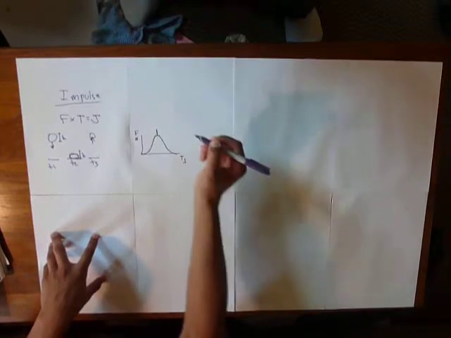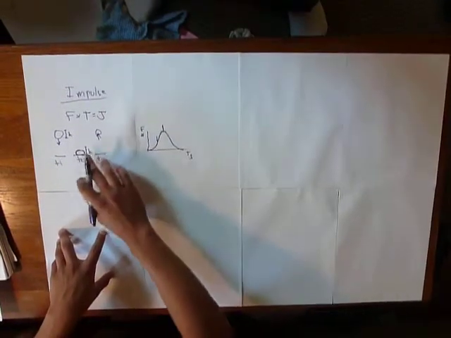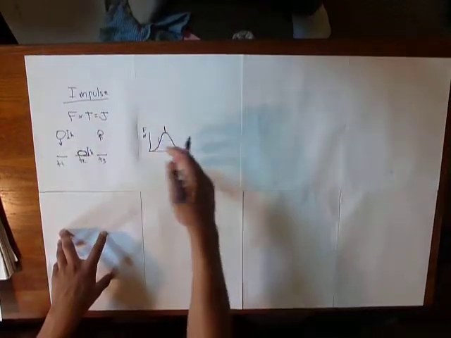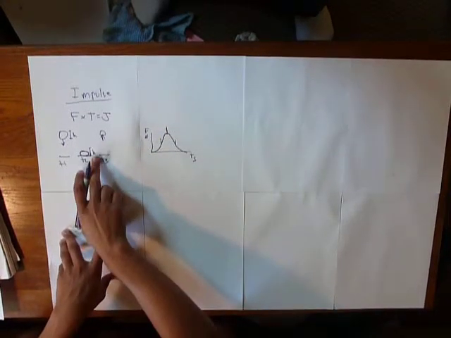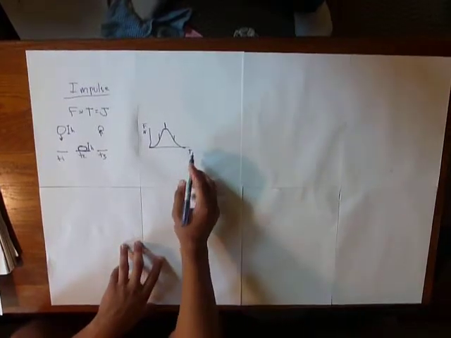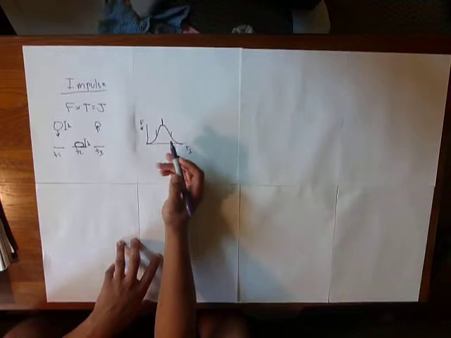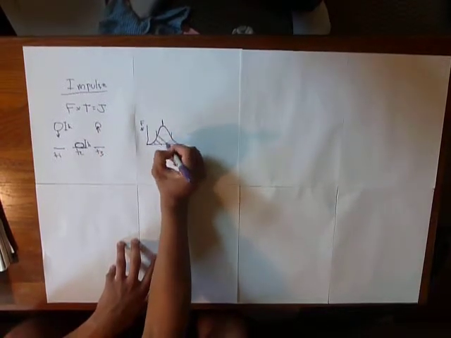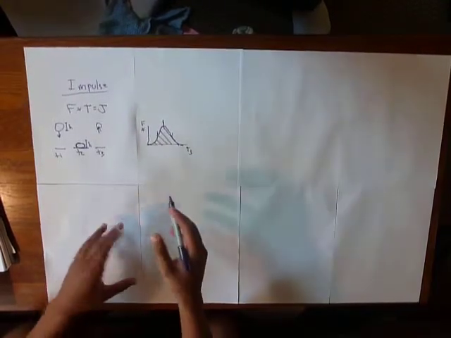This being when the ball is fully compressed, this being when it's just touching the ground, falling, kind of slowing it down, and this around here would be right when it's about to shoot up to go back into the air. And if you notice that this is time and this is force, if we multiply these, we could get the impulse. So the area under this graph right here would be the impulse.